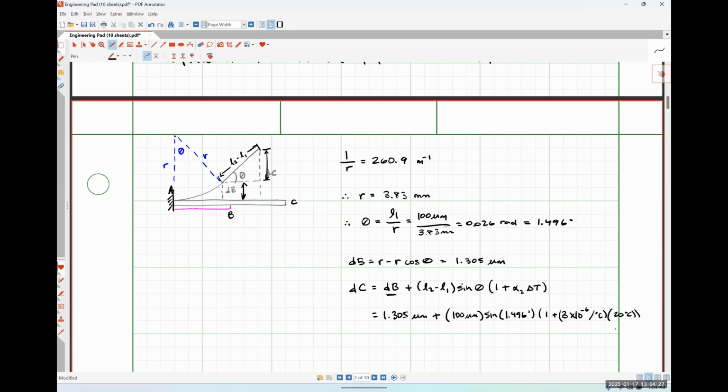So let's see, 100 times the sine of 1.496 times 1 plus 3 times 10 to the minus 6 times 20.